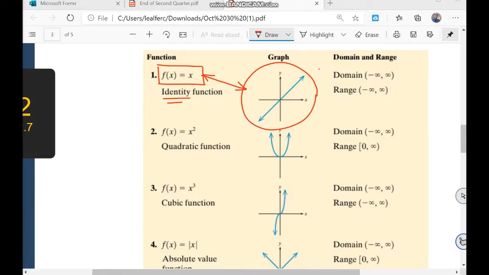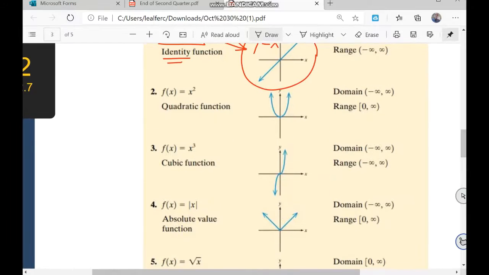If x equals 10, y equals 10. If x equals 1000, y equals 1000. It's called identity function because y equals x. You have to remember the equation, very simple, and remember the graph that matches the identity function.